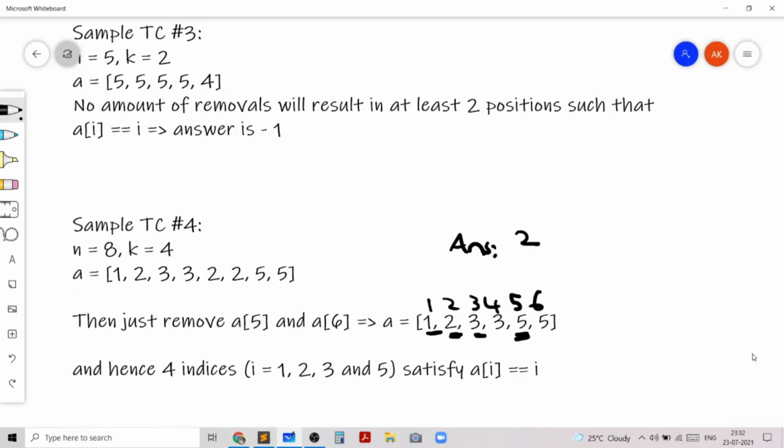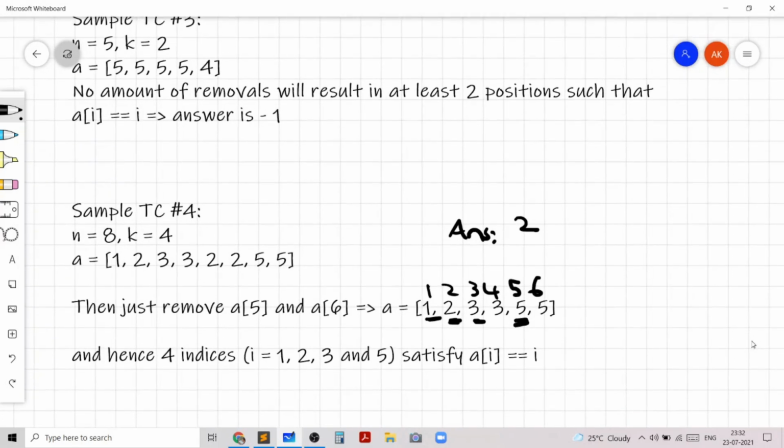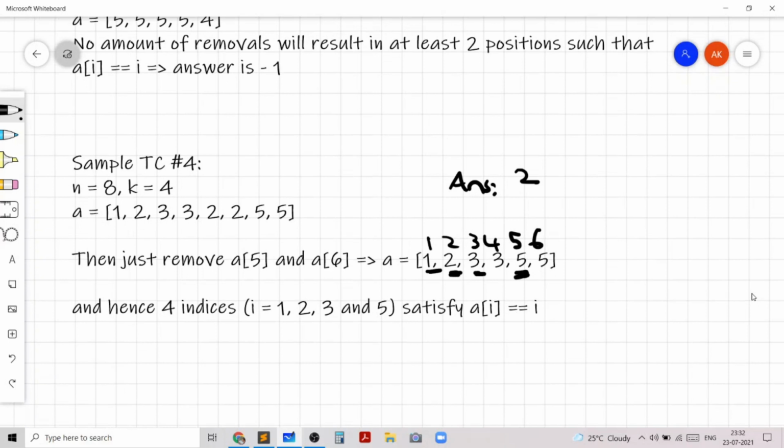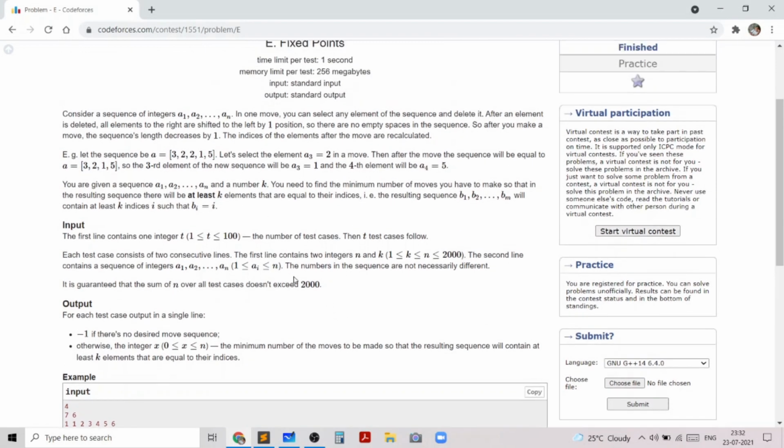So now let's try to make some observations. The first observation that we should make is on the constraints: n can be up to 2000 and we have 1 second. That means an n squared solution will easily pass, and an n squared solution is actually the expected solution.